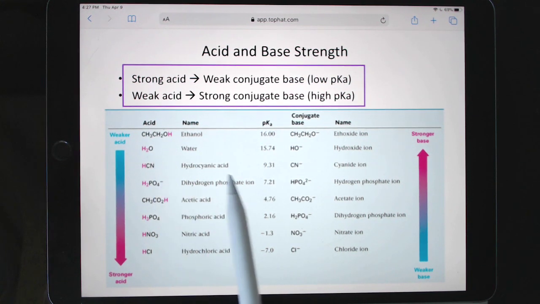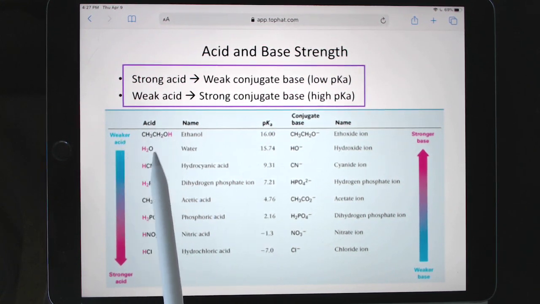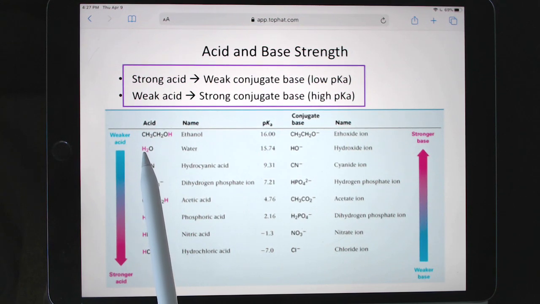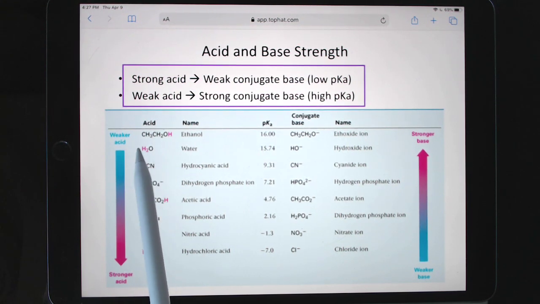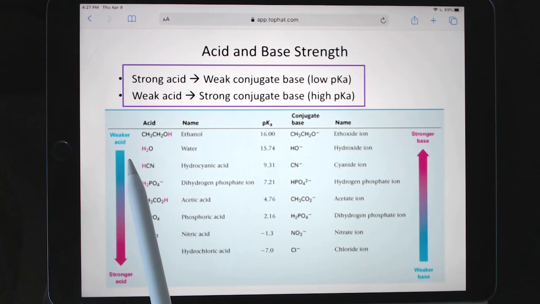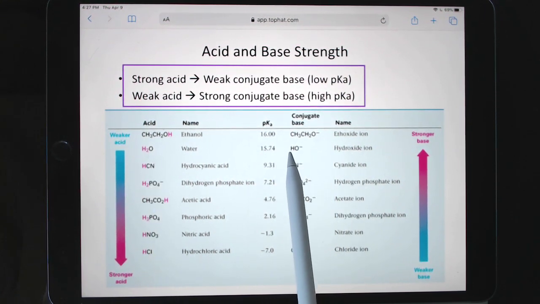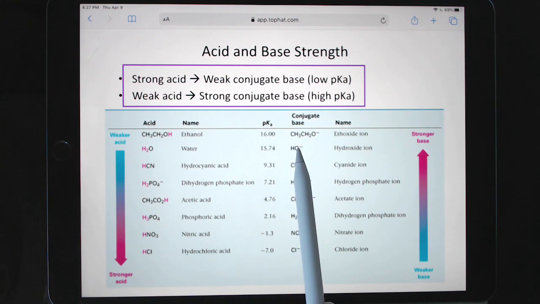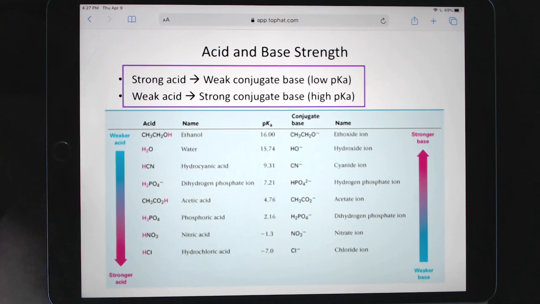Conversely, water is a pretty crummy acid, but the corresponding conjugate base, where you've ripped off one of the hydrogens, makes hydroxide. It's a really strong base. So strong acids make weak conjugate bases, and weak acids make strong conjugate bases.